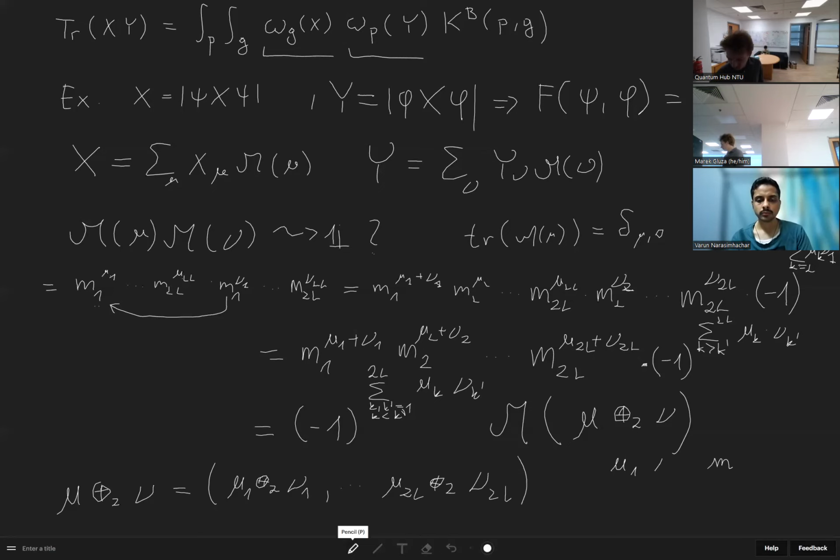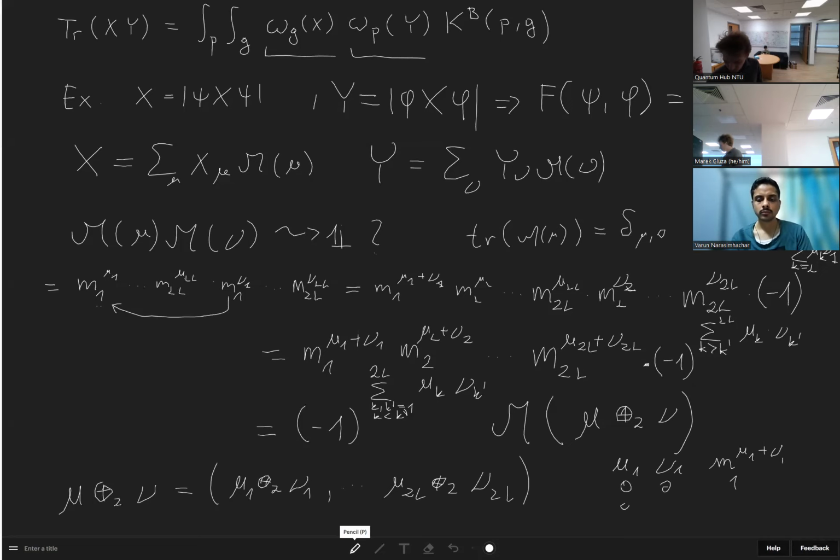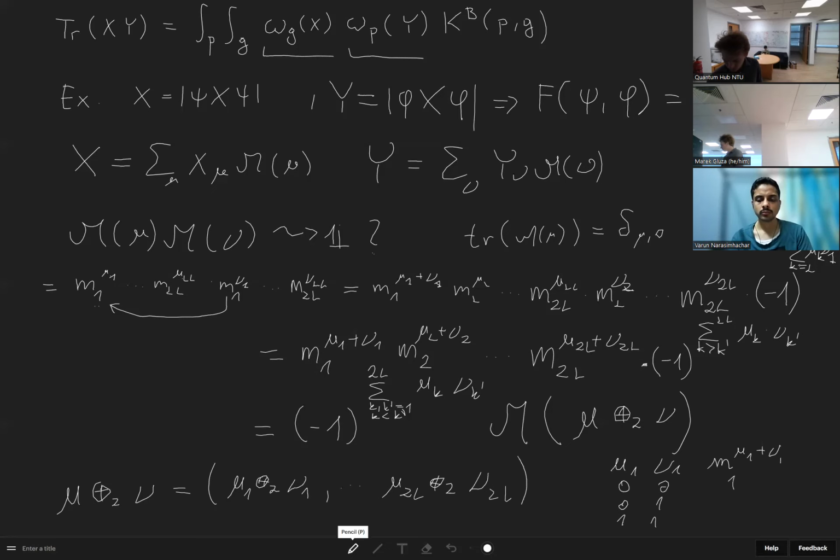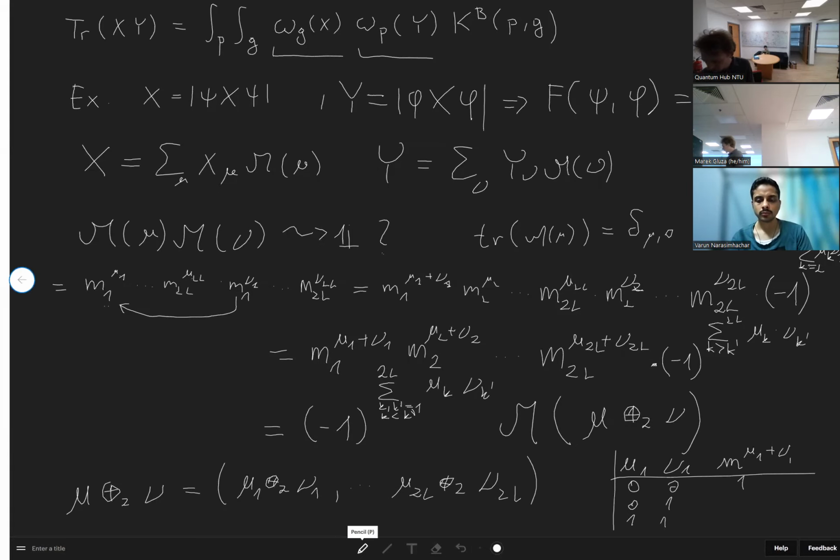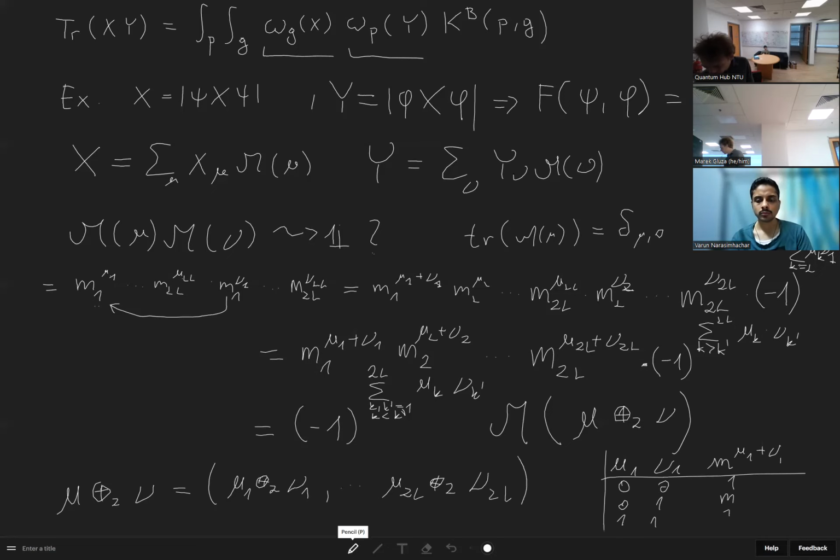I will just show the table of how it works. For m to the power mu1 plus nu1, I can have 0, 0, then 1, or 0, 1, or 1, 1, and then the swap that I'm not showing. For the 1, 1 case I need m squared, which is the identity.